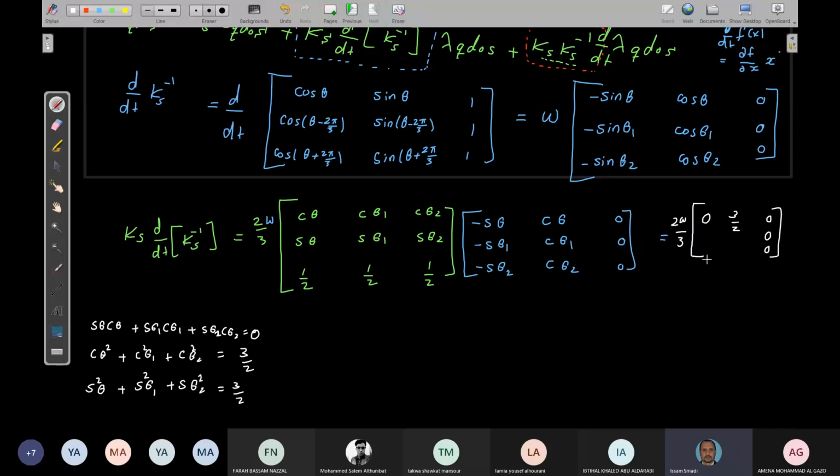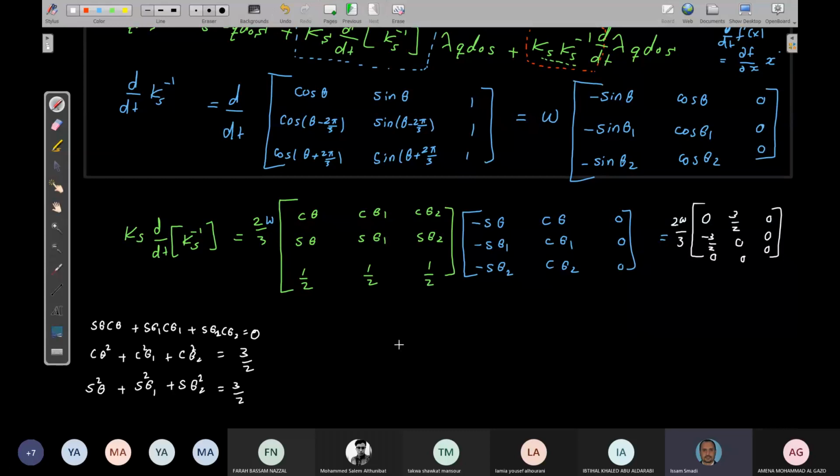Minus 3 over 2, so this will be the minus 3 over 2. What else here? This will be 0, and this will equal 0. Why? Because it's sine theta 1, sine theta 2, the triangle will close, the resultant is equal to 0. So 0 and 0.